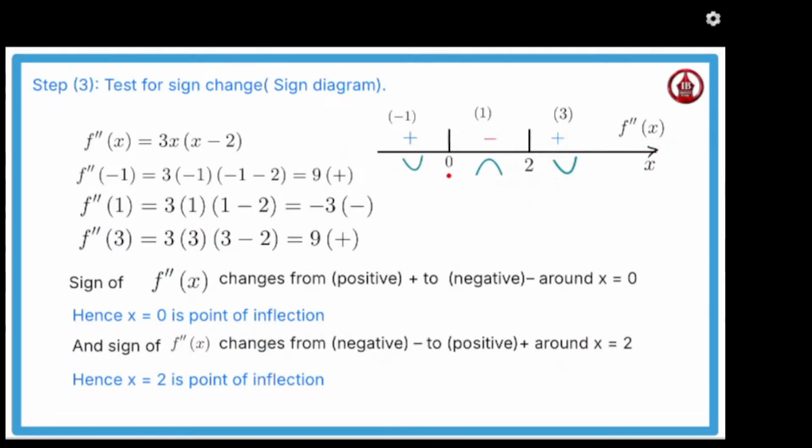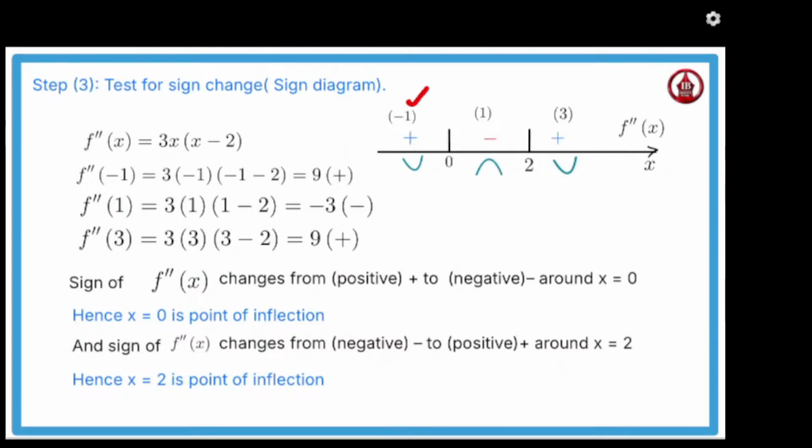So 0 is less than 2, therefore it will be to the left. 2 is greater than 0, therefore it will be to the right of 0. Now on the left of 0, we take a point which is less than 0. Let us take -1. Between 0 and 2, let us take 1. To the right of 2, let us take 3.